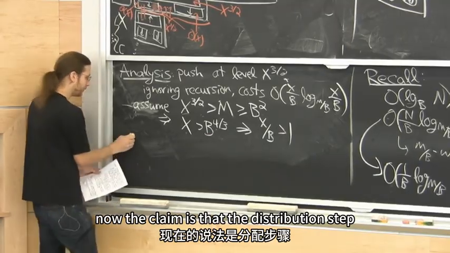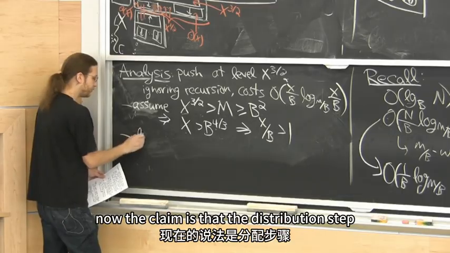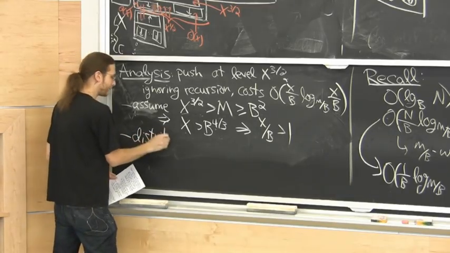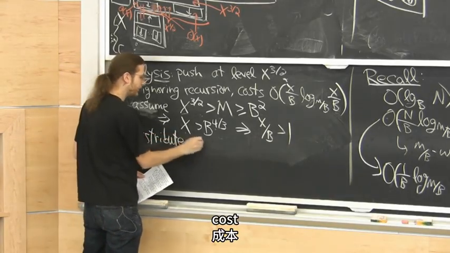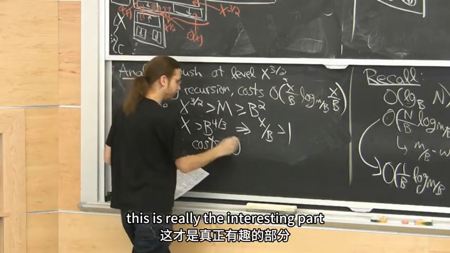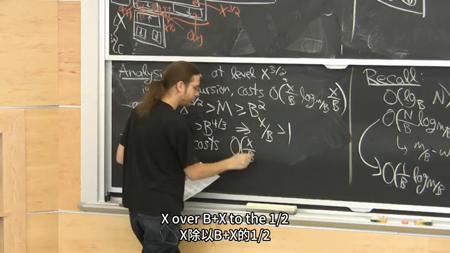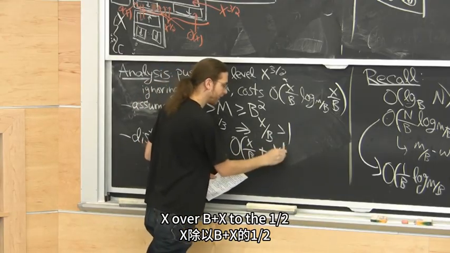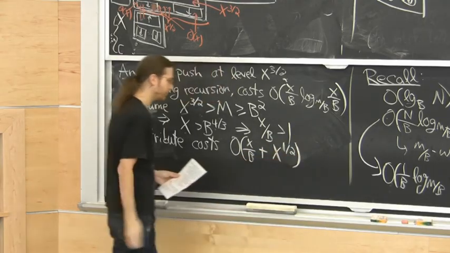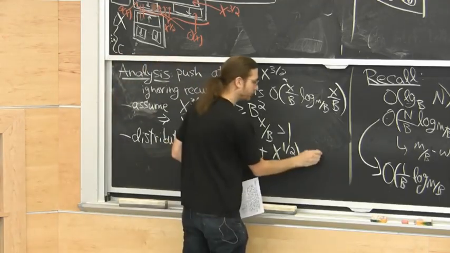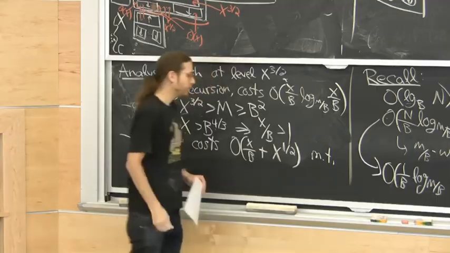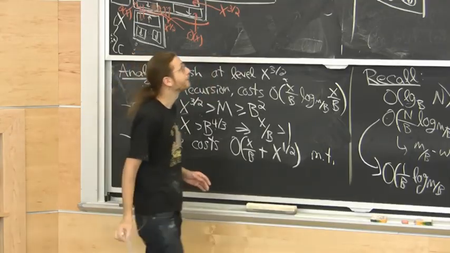All right, now the claim is that the distribution step costs, and this is really the interesting part, x over B plus x to the 1/2 memory transfers. Why?